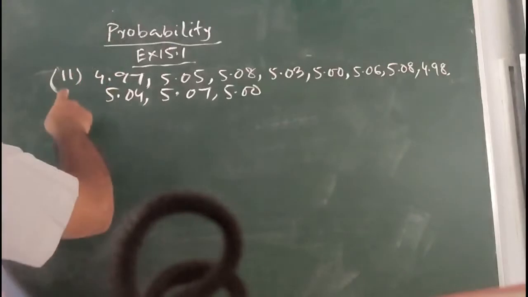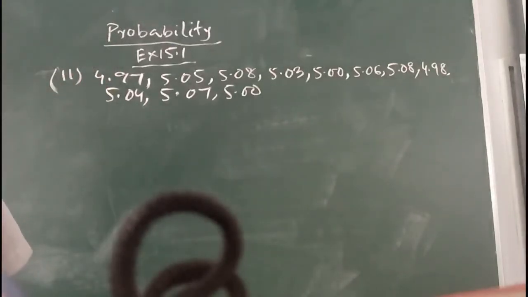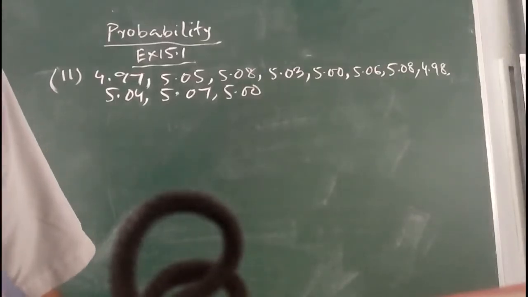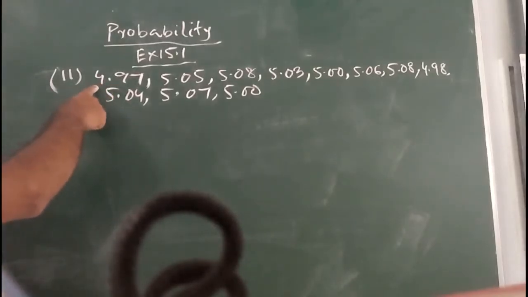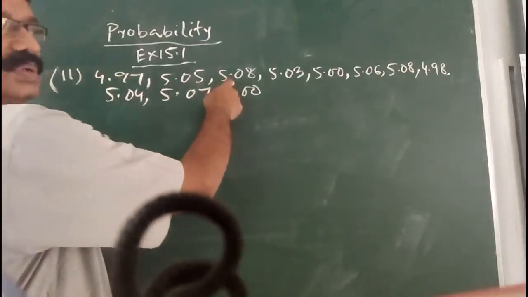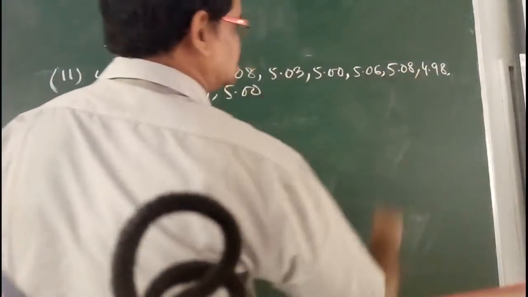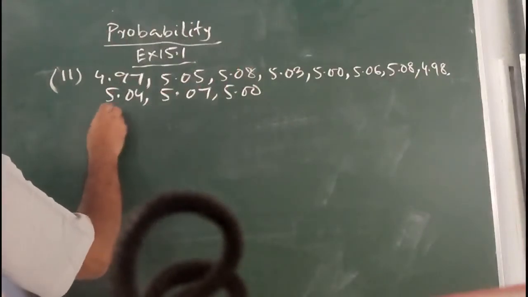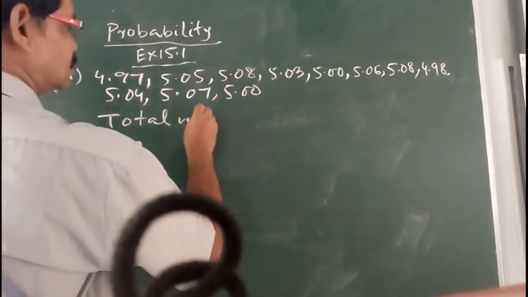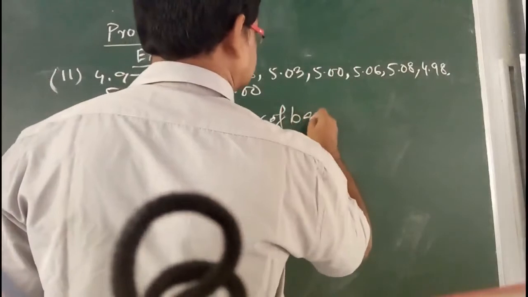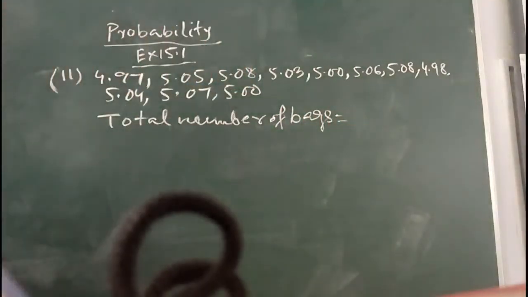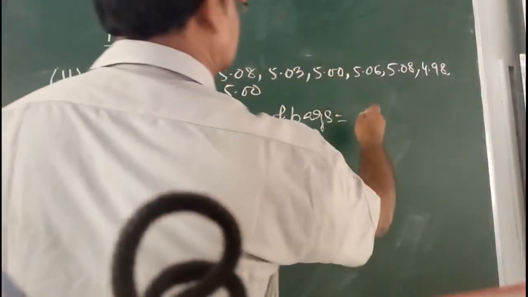Now sum number 11. In this question, 11 bags of wheat flour is there, each 5 kg, and the following weightage of the flour is given, that is 4.97, 5.05, 5.08, 5.03. So first total number of bags count, that is 11.